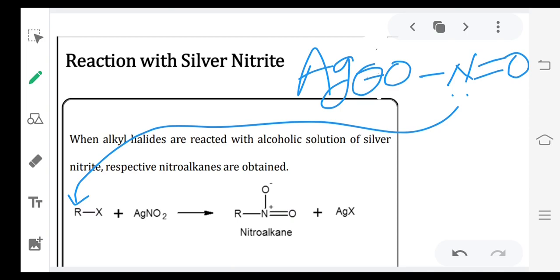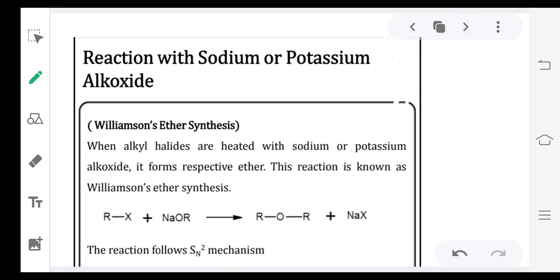Then we'll get nitroalkanes instead of alkyl nitrites. So in nitroalkanes there is a carbon nitrogen bond. In alkyl nitrites there is a carbon oxygen bond. That is the difference.